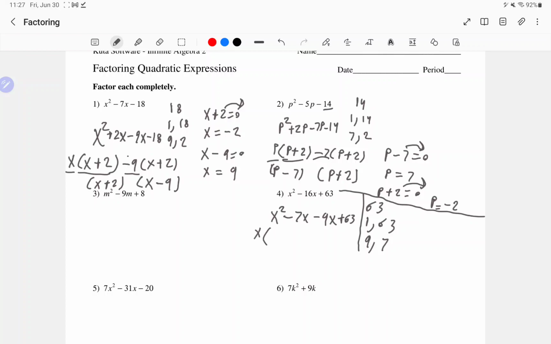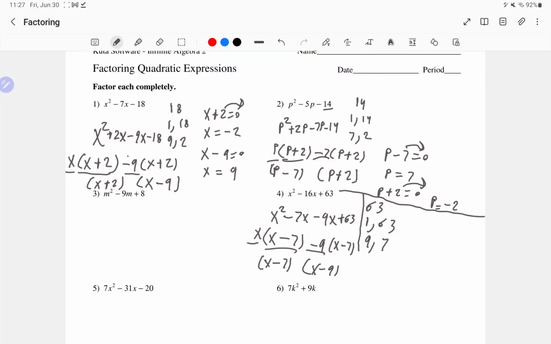Let's go for x. It's just x and then minus 7, and then we have minus 9. Yeah, let's do minus 9, and then we got x minus 7. All right, now we can actually just find it right here as we did before, and now we have x minus 7, and now we have x minus 9.